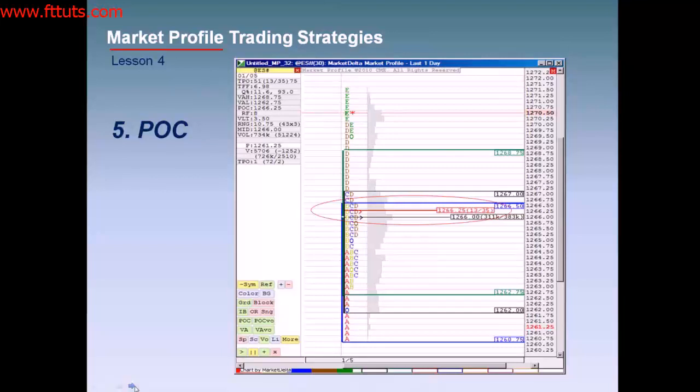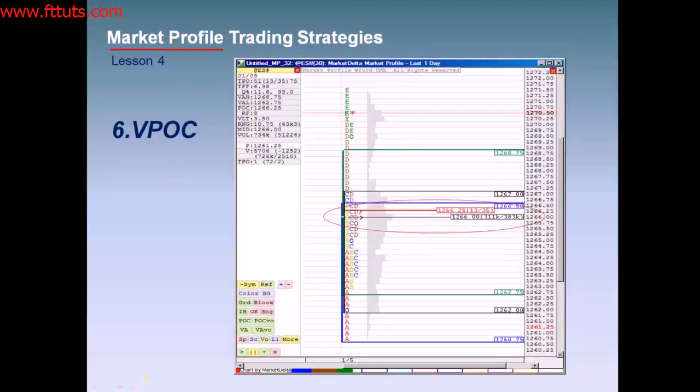The POC. This is always very easy for people to identify, especially since market delta also highlights it for us with a nice bright red color. Here we see our POC at 1266.25. Now, it's also important to be able to identify the volume POC.